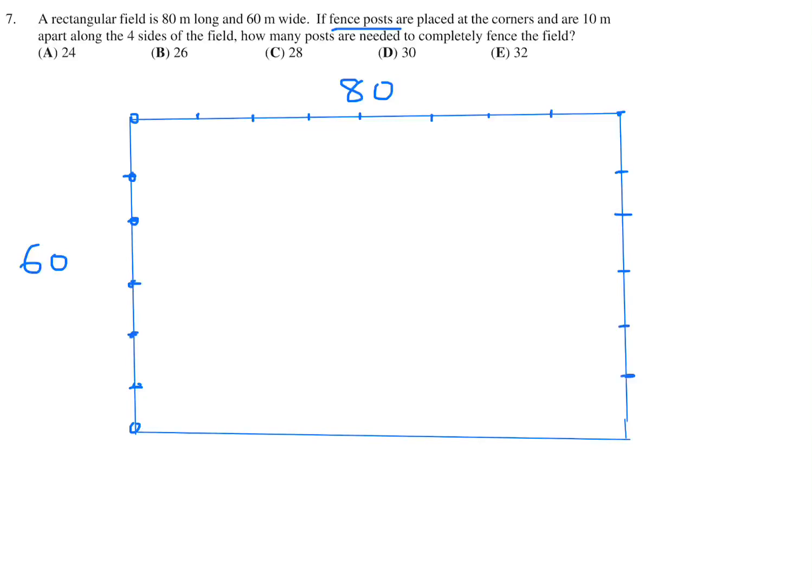So all we really have to do is just count all the posts, and that should be it. So we've got 1, 2, 3, 4, 5, 6, 7, 8, 9. And this will also be 9 because they're exactly the same. So this is 9 posts. And this is 9 posts.